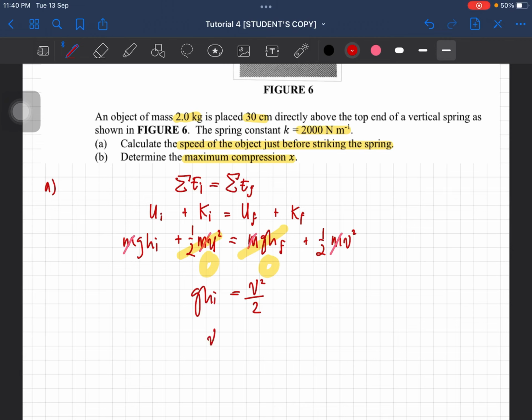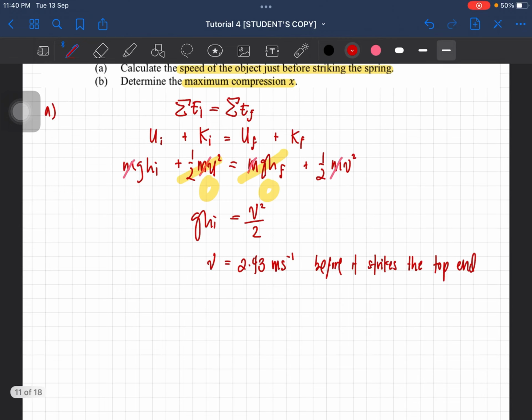From here you will get 2.43 meter per second. Try to solve it until you get that answer. So that is the velocity before it strikes the top end. Right, now we will consider the compression.